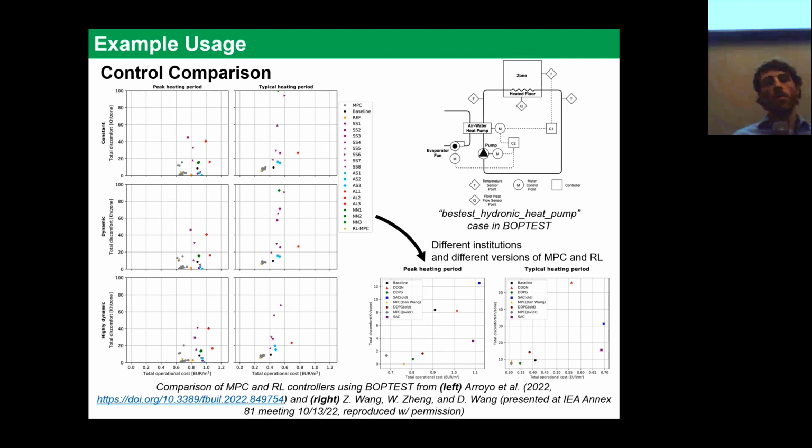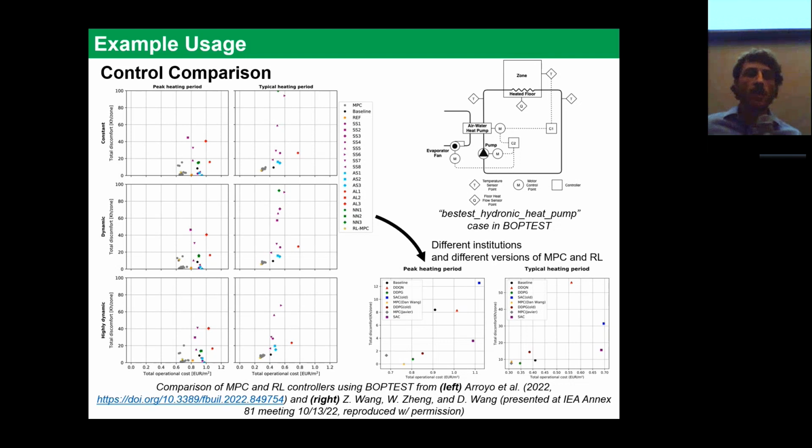And then each row is one of 3 different electricity price profiles: constant electricity pricing, dynamic, which might be time-of-use pricing, or highly dynamic at the bottom. On the x-axis is the operational cost KPI, basically energy cost, and on the y-axis is the thermal discomfort KPI that we have calculated.